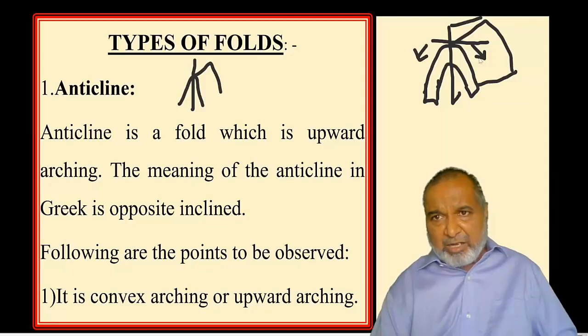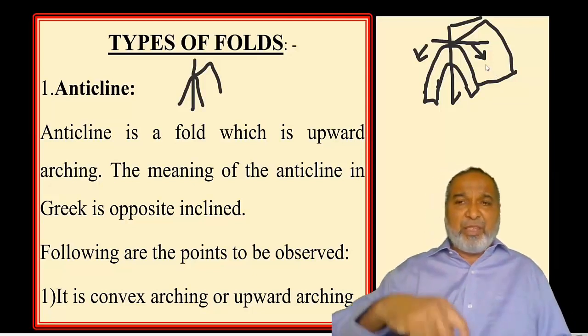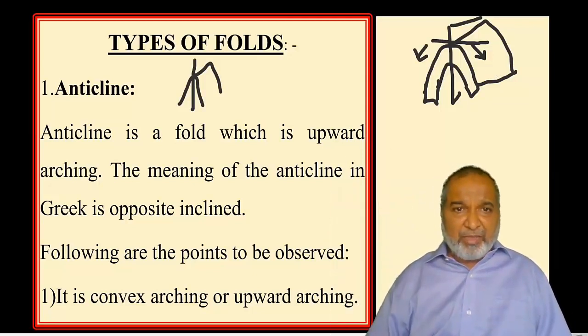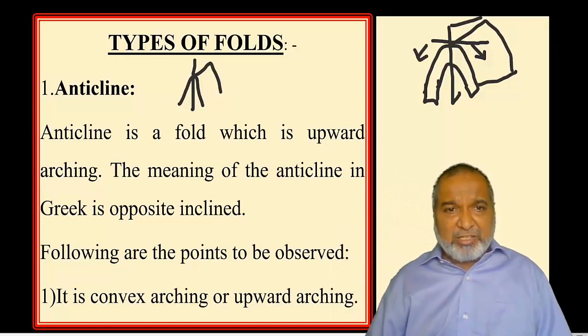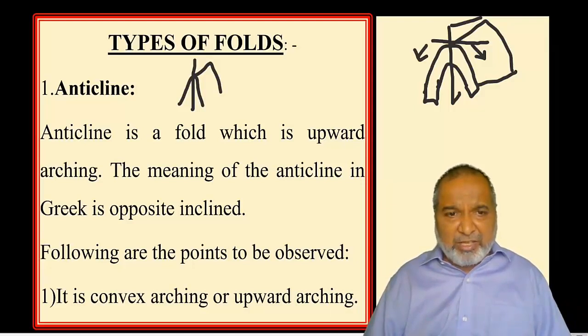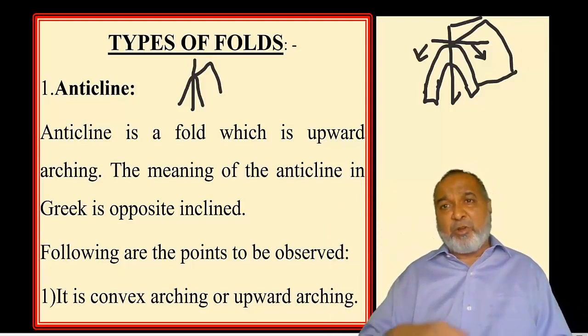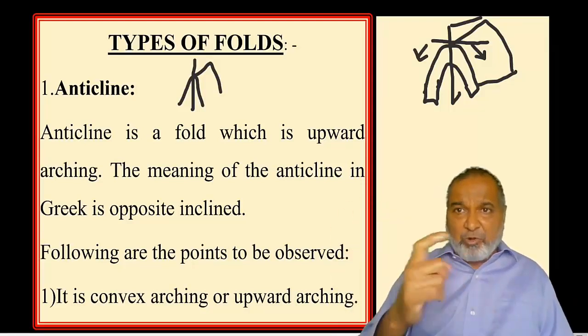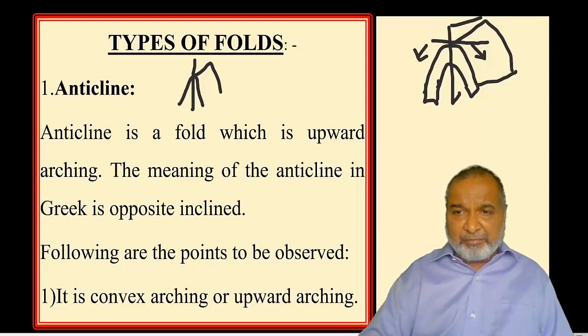These limbs are dipping in the opposite direction, and it is upward arching. Opposite inclination and upward arching, or it is called convex arching.